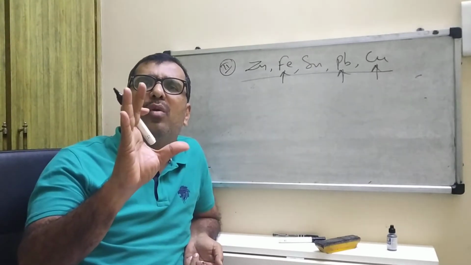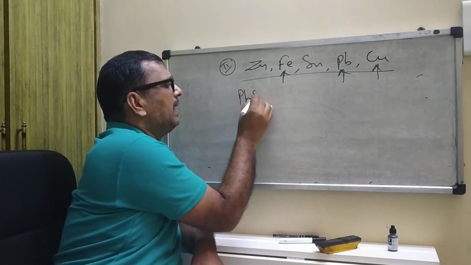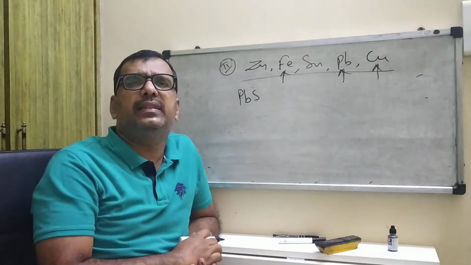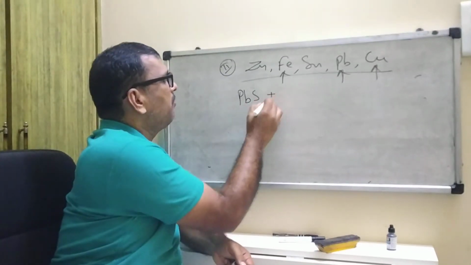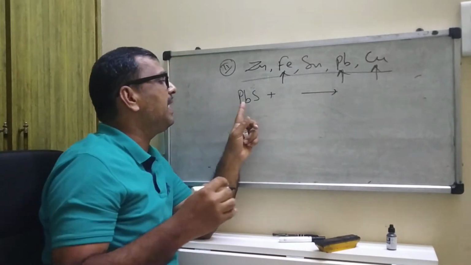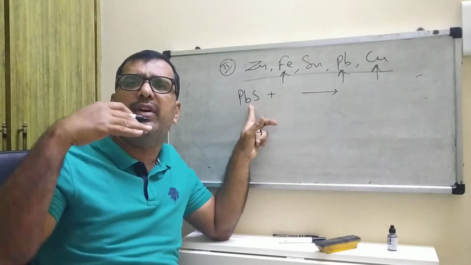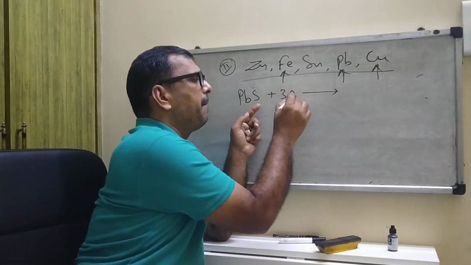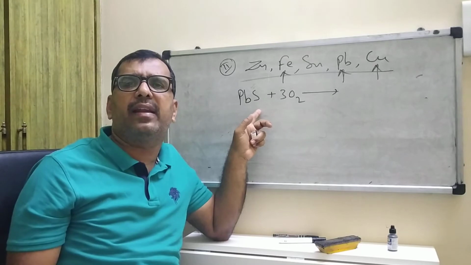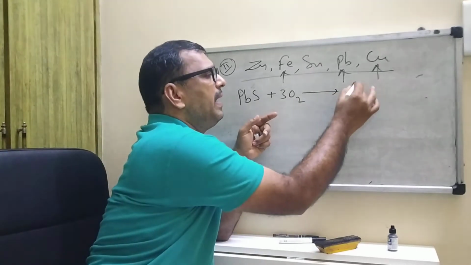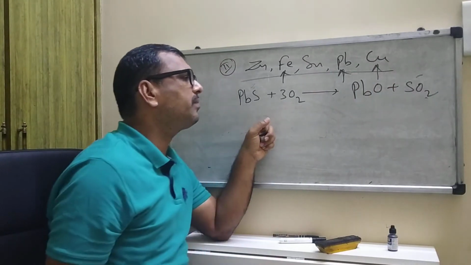Suppose first lead sulfide. The lead sulfide undergoes roasting, that is, heating in the presence of air, to form lead oxide plus sulfur dioxide.